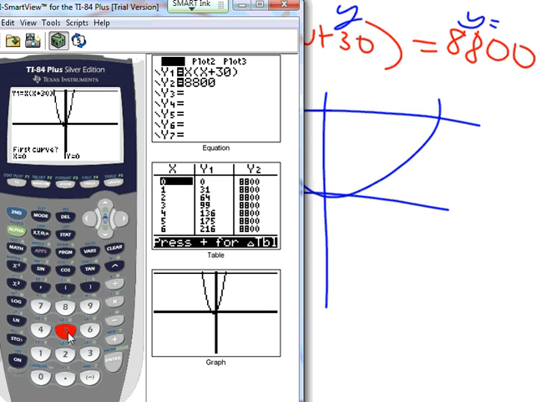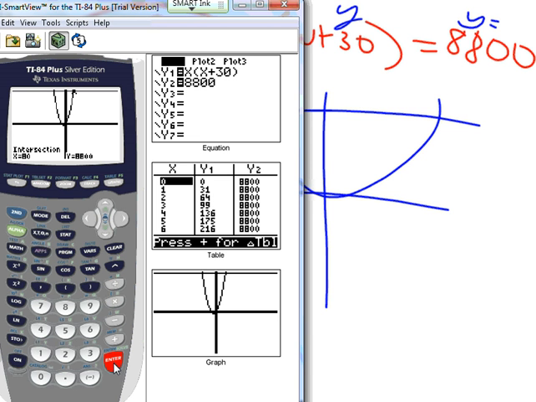The first two things it asks you are: is this the first line? It'll always be on the first line. Hit enter. Is this the second line? Hit enter. So if you only use two equations, you can just hit enter, enter. And then you arrow over to right where they touch and hit enter. And it says intersection, x equals 80. Sweet.